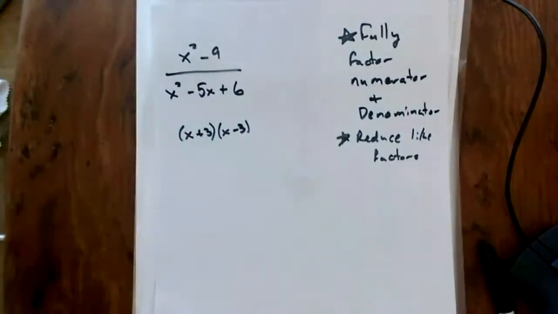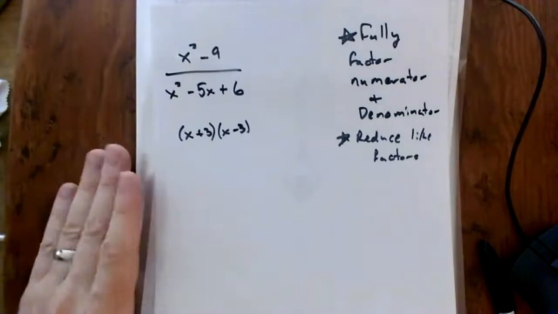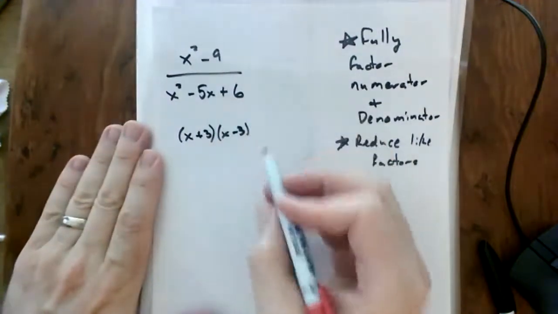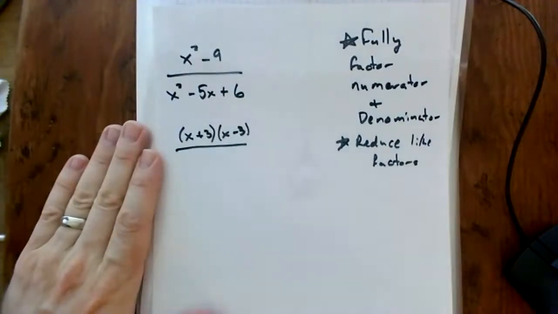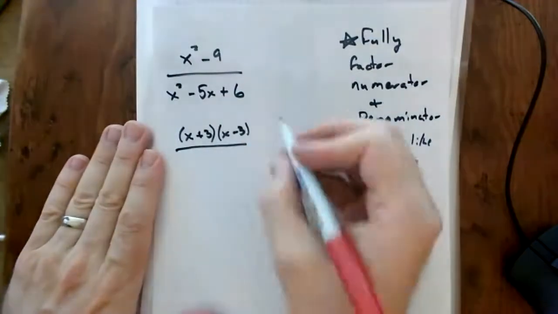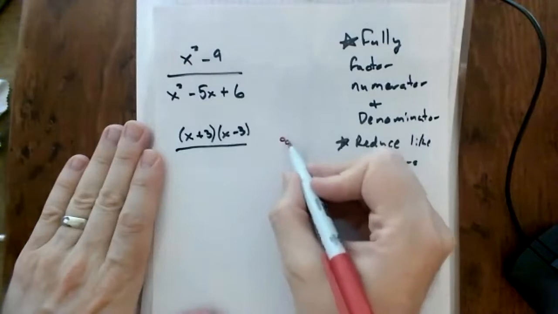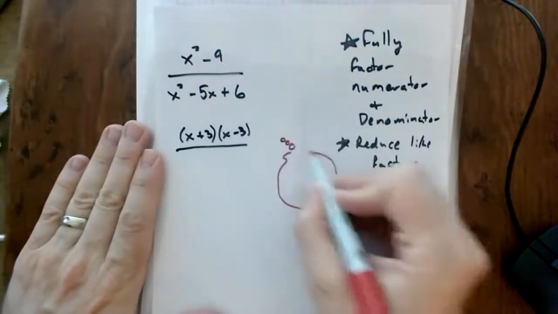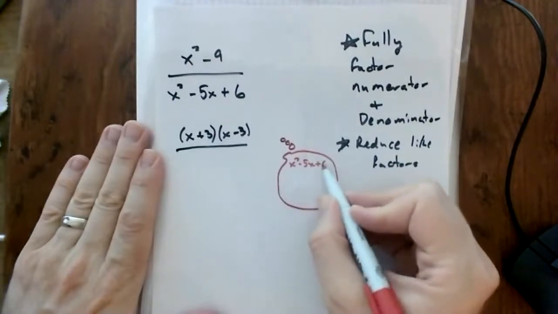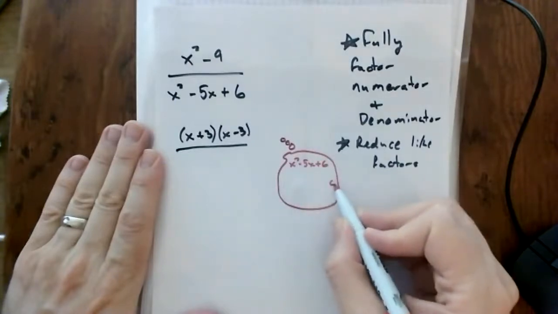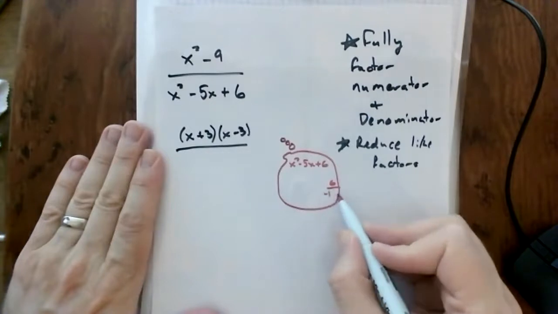If it helps you to take an extra step, this is a simple trinomial, but I'll go ahead and show the work to how to factor that as well. Thinking about factoring x squared minus 5x plus 6, 6 happens to be -1 times -6.